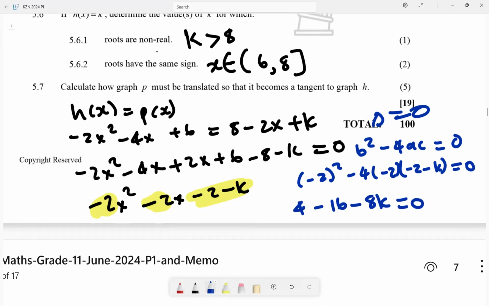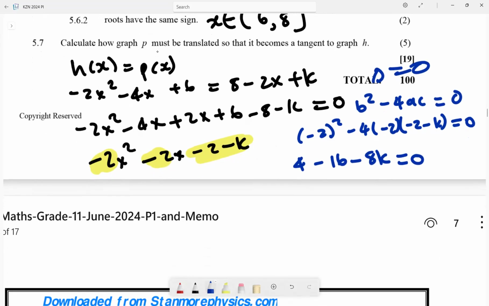Then when I move on, I can say 4 minus 16 is negative 12 minus 8k is equal to 0. Therefore, negative 12 is equal to, when I take negative 8k to the other side, 8k.